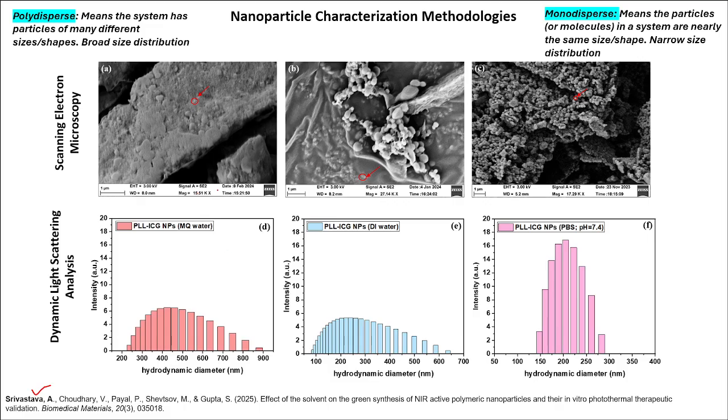I have correlated the scanning electron microscopy image with the DLS analysis. As you can see, this is a broad range. These particles are not colloidally stable, not monodisperse, because you can see particles ranging from 200 to 800 to 900 nanometers. That is why you see so much aggregation here.